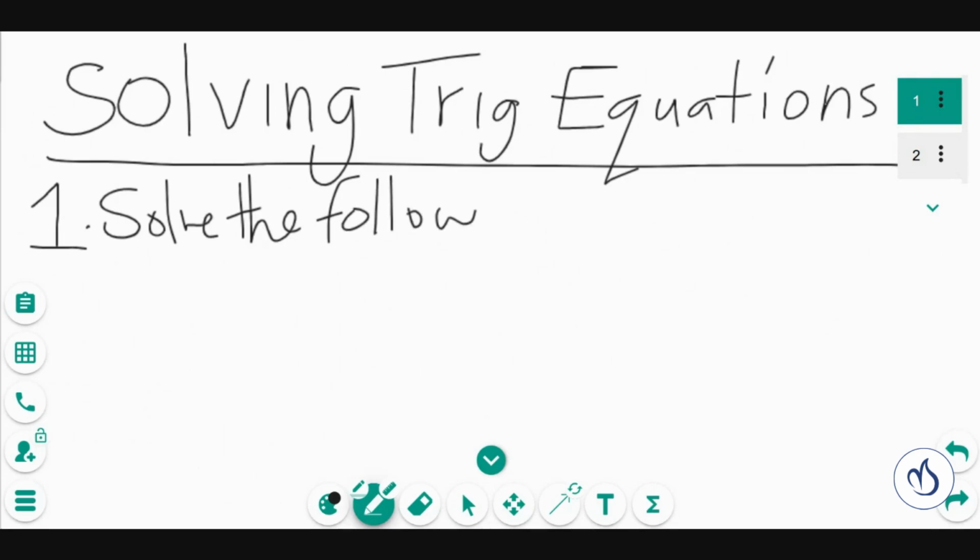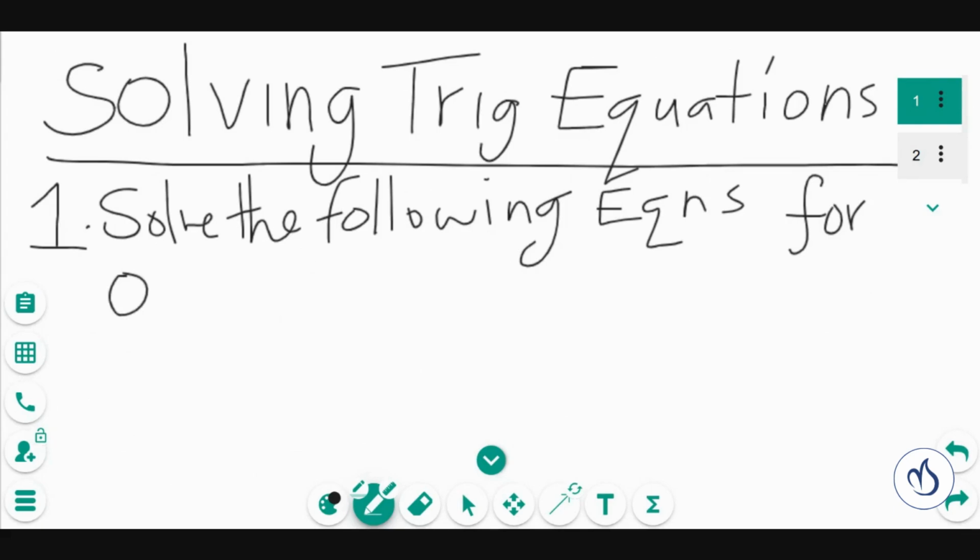Solve the following equations. And we are given a range of degrees, 0 degrees less than or equal to theta.